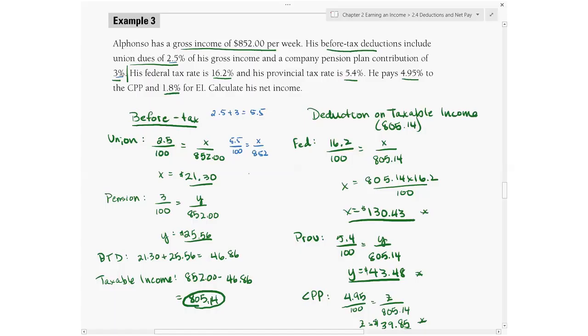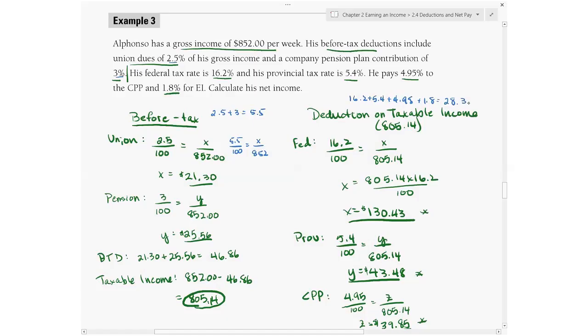Same thing here. You could say, well, 16.2 plus 5.4 plus 4.95 plus 1.8. Let's add those up. So it's 28.35 here.